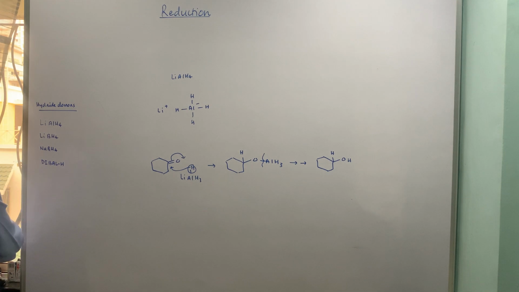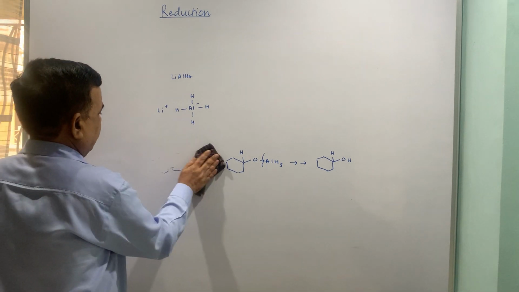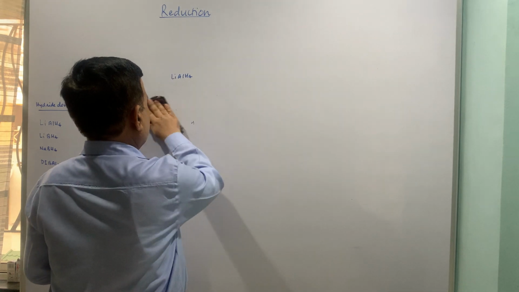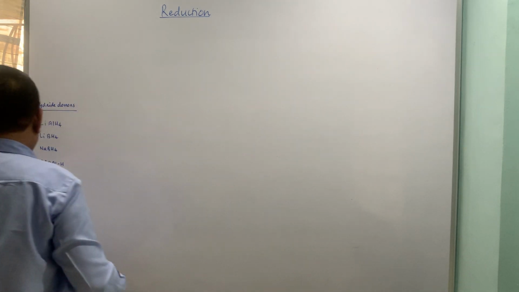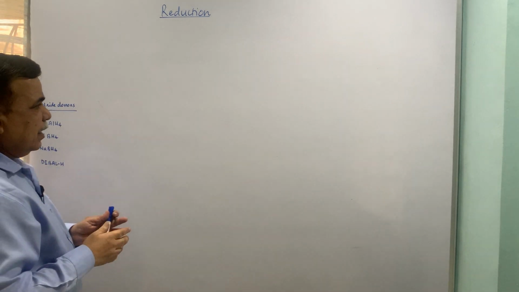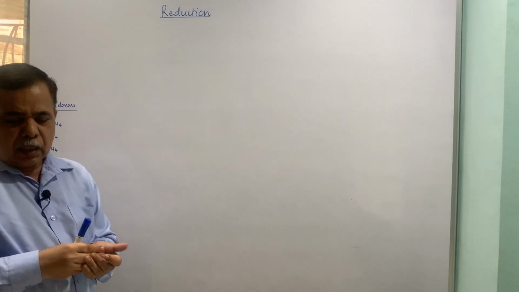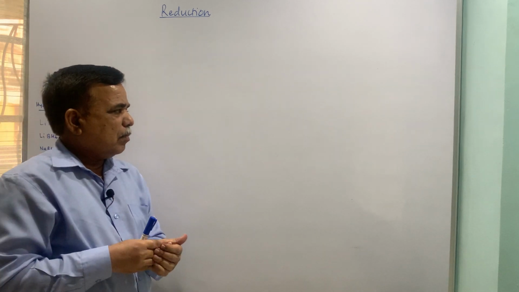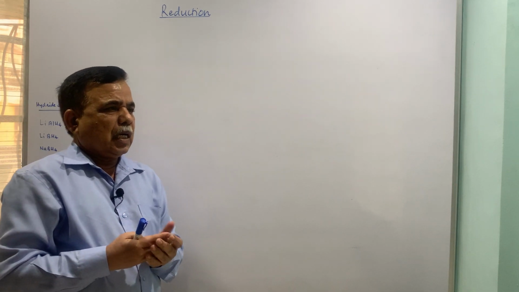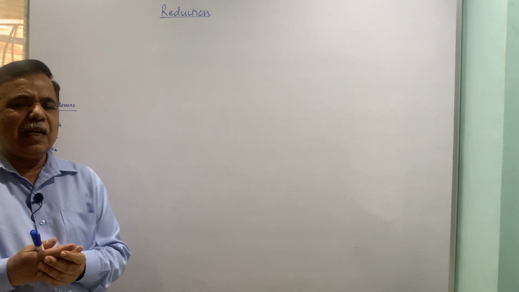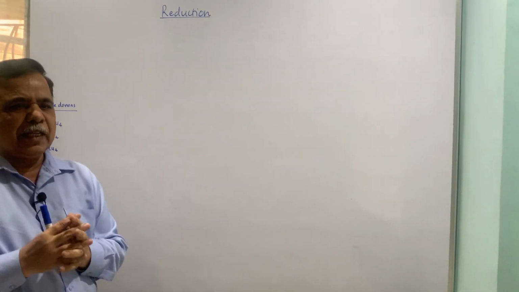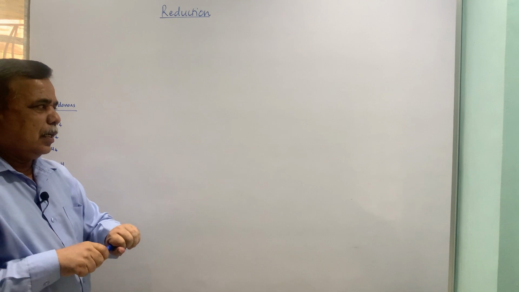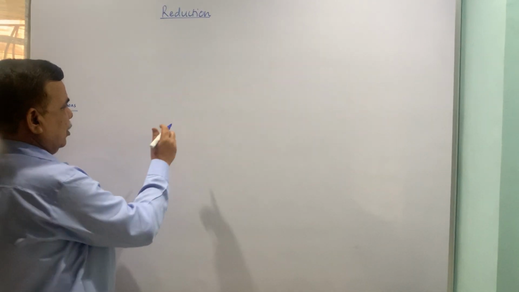Now about the reactivity of this reagent and which groups it can reduce or react with. Barring aryl halides and isolated alkene, it practically reacts with all the functional groups and gives different products.